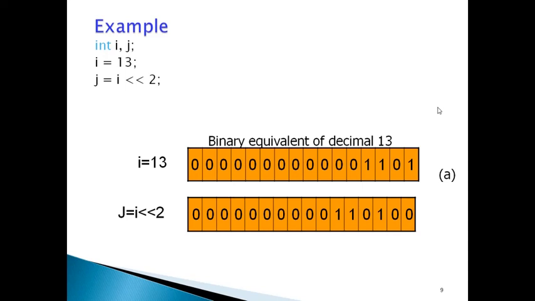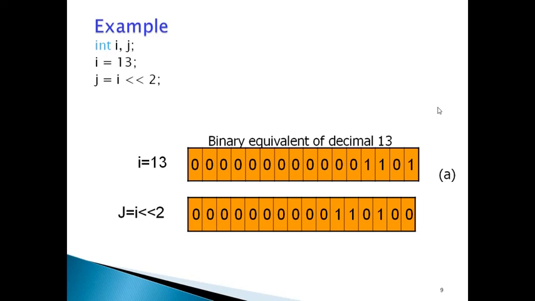If you observe from the least significant bit, in the previous case before the left shift operation, the i value is 13.